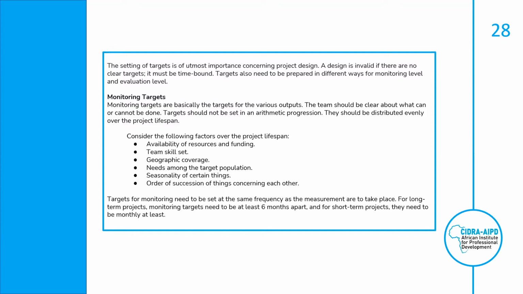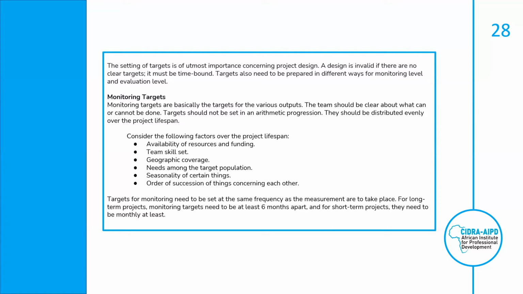Monitoring targets. Monitoring targets are basically the targets for various outputs. The team should be clear about what can or cannot be done. Targets should not be set in an arithmetic progression. They should be distributed evenly over the project lifespan.